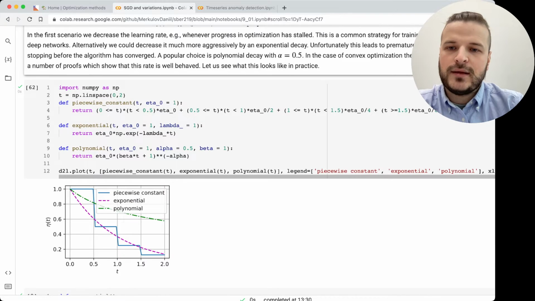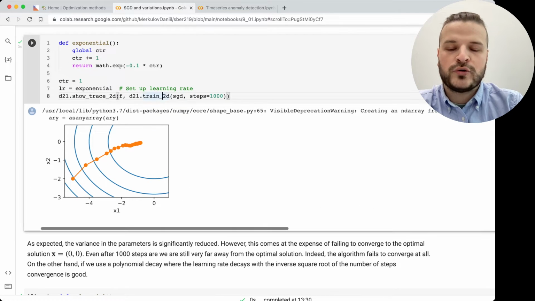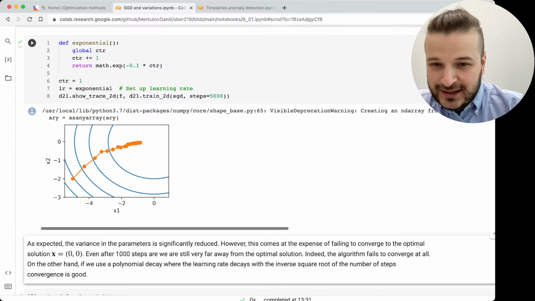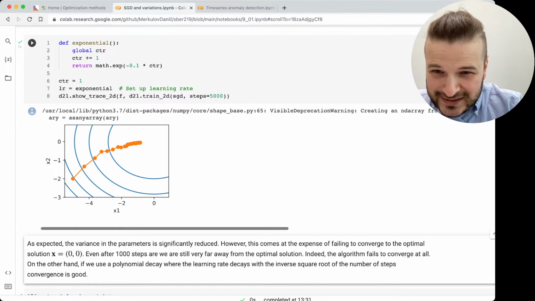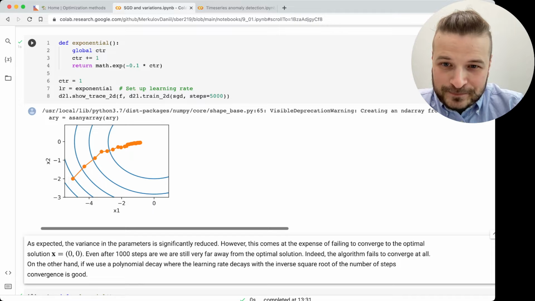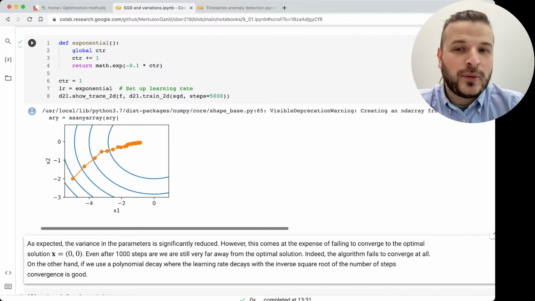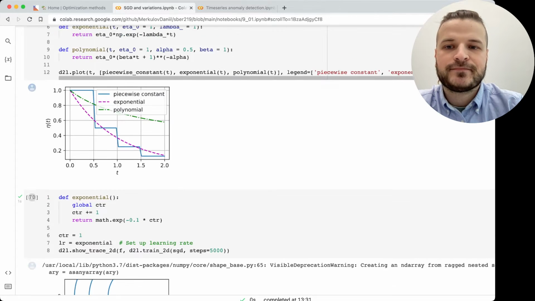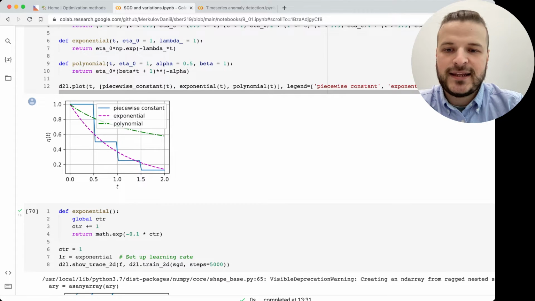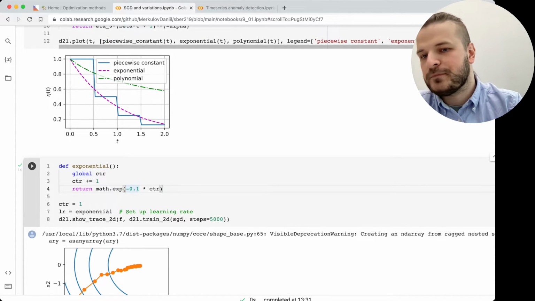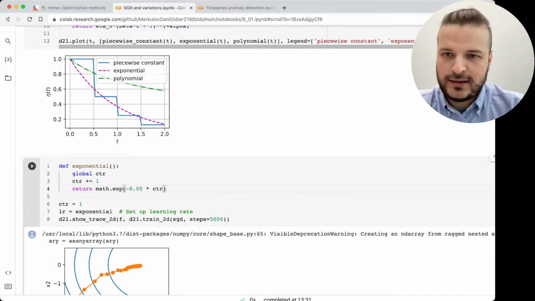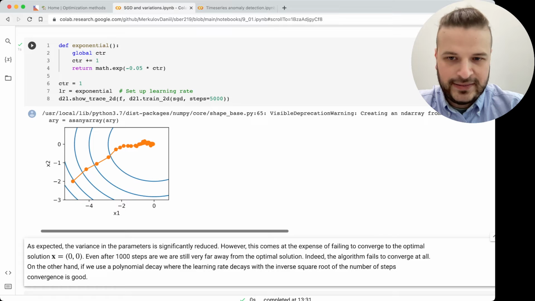And let's consider more steps here in the exponential learning rate decay setting, and we can still see that we didn't reach the minimum, which is somewhere here, and that's probably because of the very aggressive learning rate decay. We can improve it by making the decay constant a little bit slighter, and that's it.